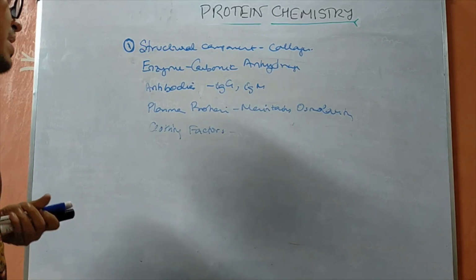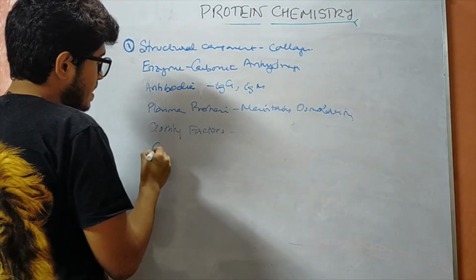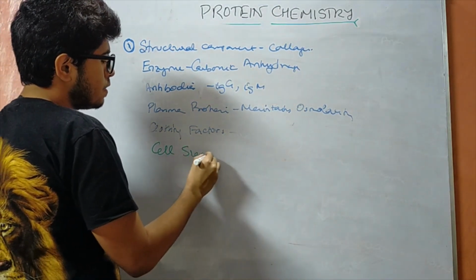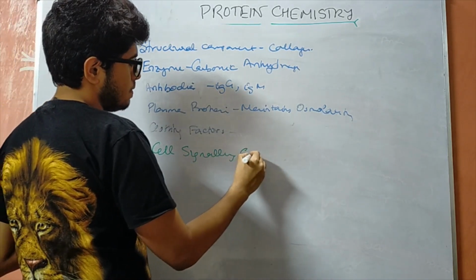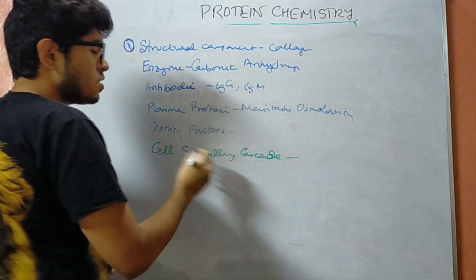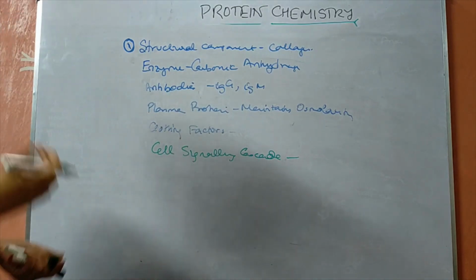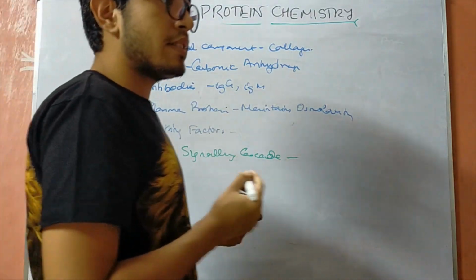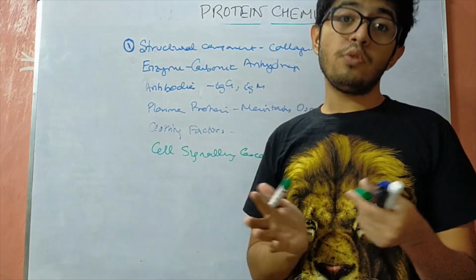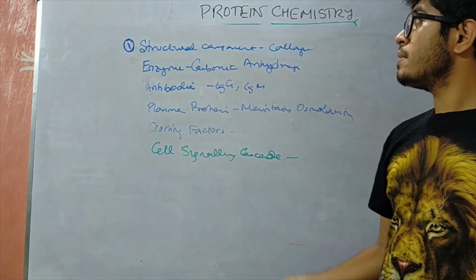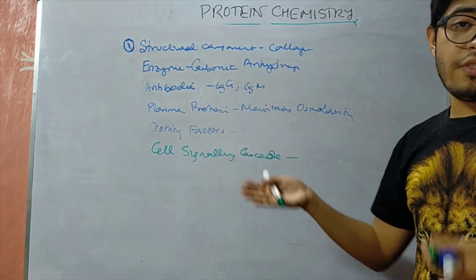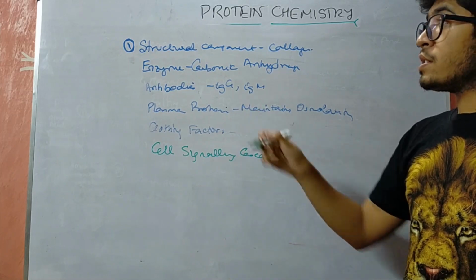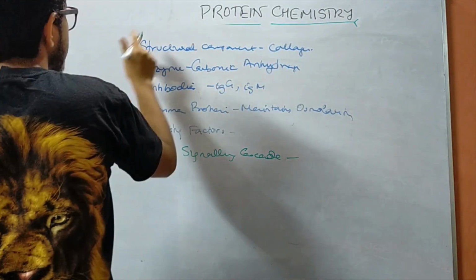Even we have proteins required for the cell signaling pathway, cell signaling cascade, and so on. There are so many functions of the protein molecules. So protein has no end. These are some of the very important aspects of various uses of protein molecules.